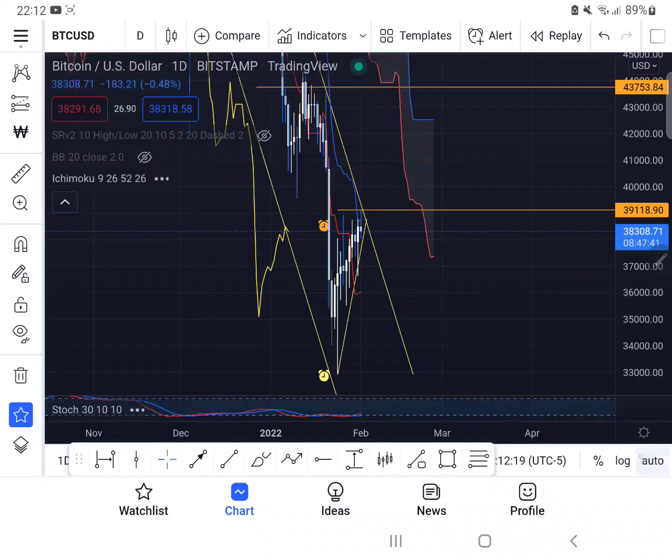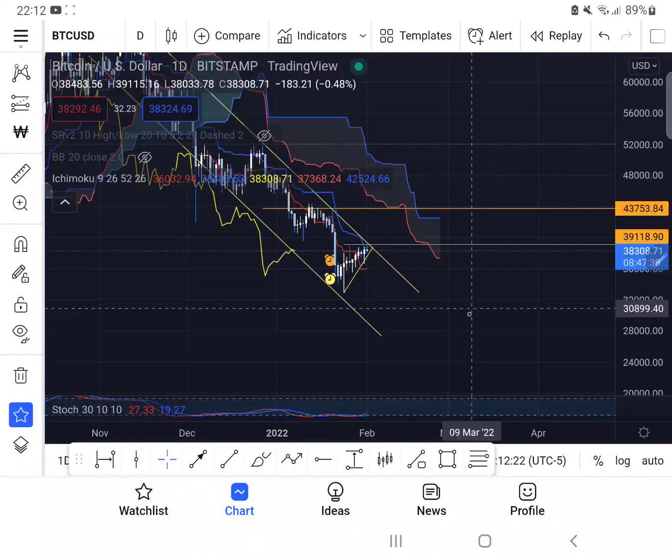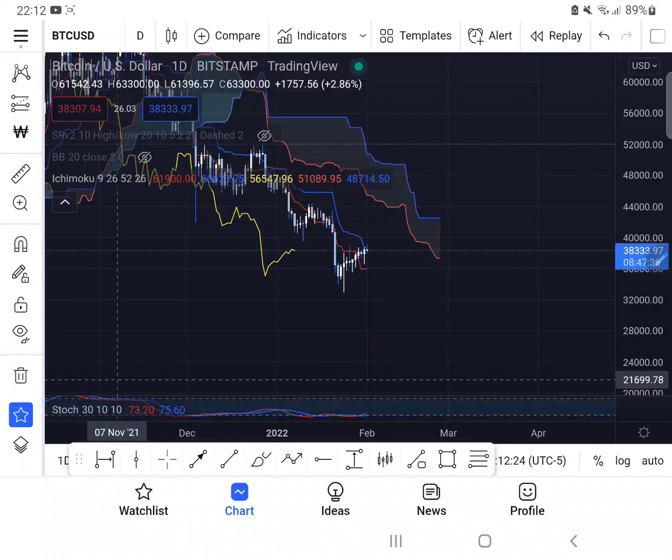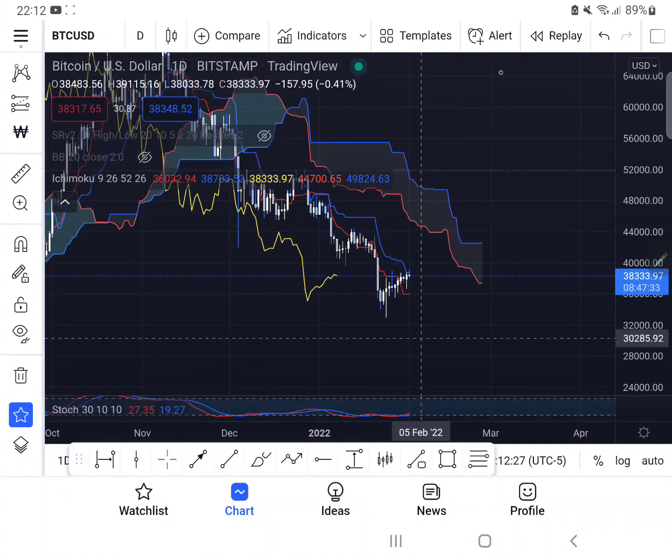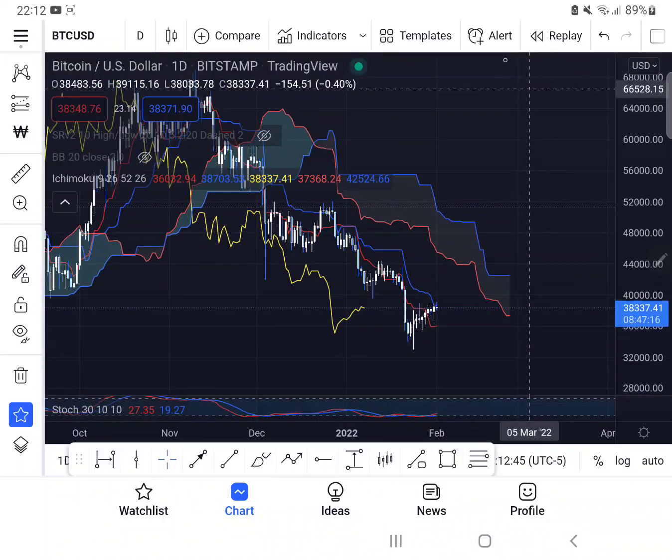So how about the daily time frame? As you can see, can I remove any drawing again? As you can see, this is the downtrend, but the Kumo is also flat. The top of the Kumo is flat. Alright, the price is retracing to the Kijun-sen, and in the early days, maybe last week, it was resisted by the red line one time.